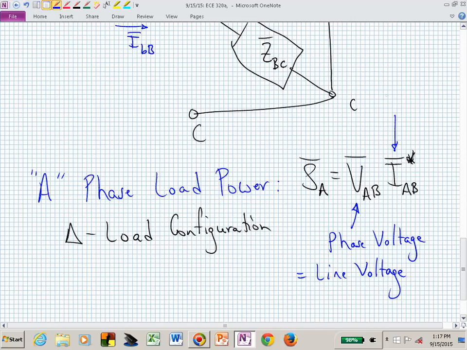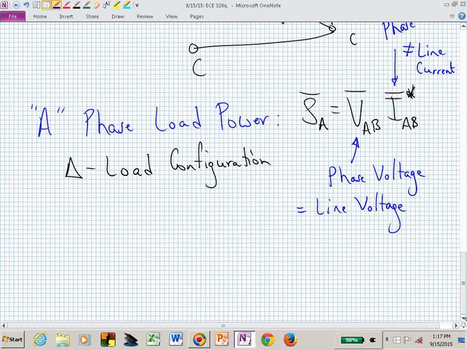That's the phase current. Is it the line current? It's definitely not the line current. In this case, I sub AB is not equal to I sub AA.